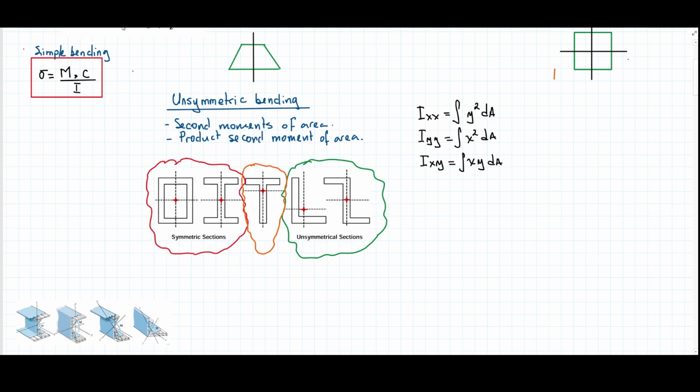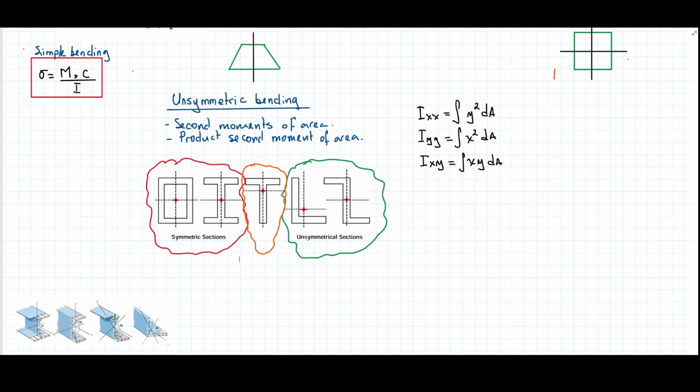So you have axes of symmetry, and you have principal axes. Those axes of symmetry, when we're talking about symmetric sections, are equal to the principal axes. And the principal axes are those axes where the inertias, or the second moments of area that you calculate, are maximum and minimum.